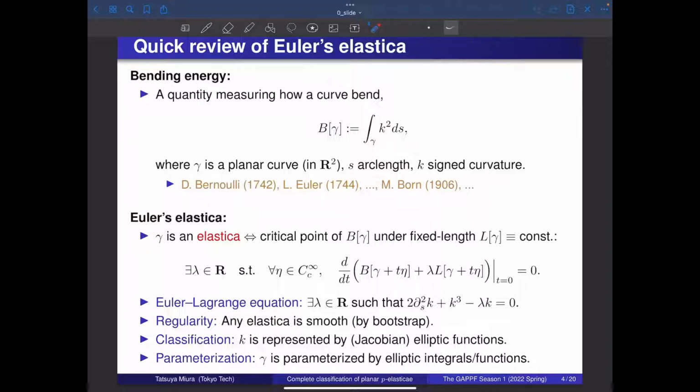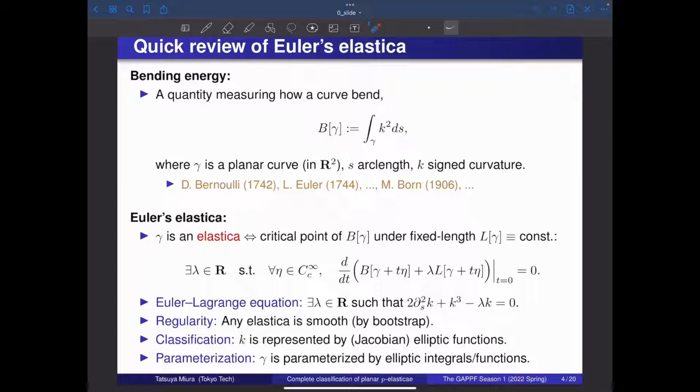Now the corresponding Euler-Lagrange equation is a system for the vector-valued function gamma, which is a fourth-order system of ODE. But it is also known that if we rewrite this equation in terms of curvature, then the equation can be reduced to a single second-order ODE in terms of curvature.